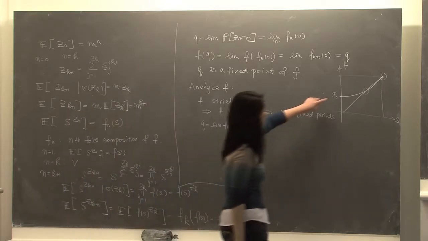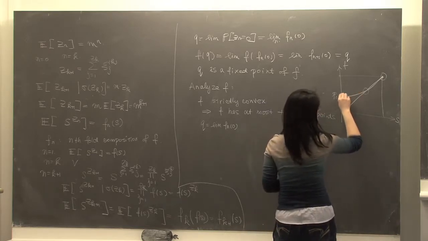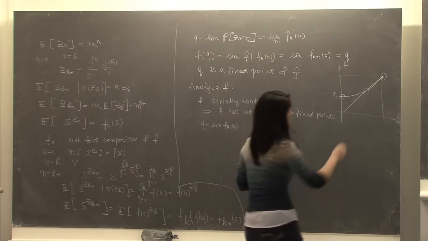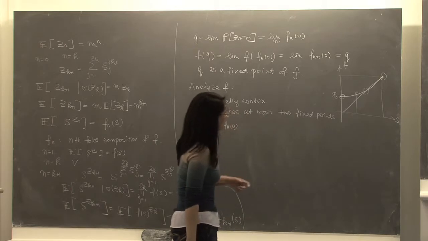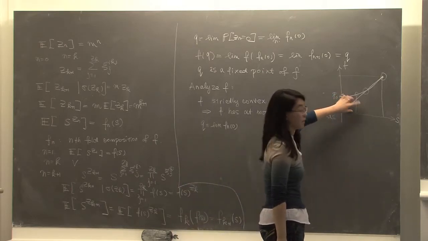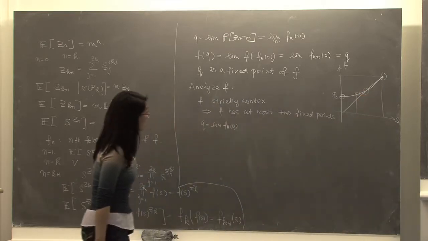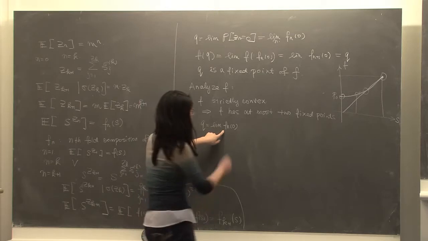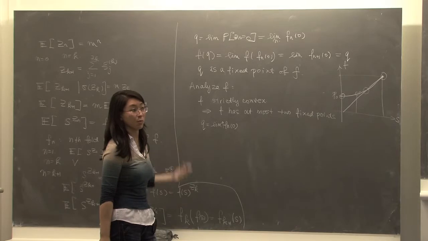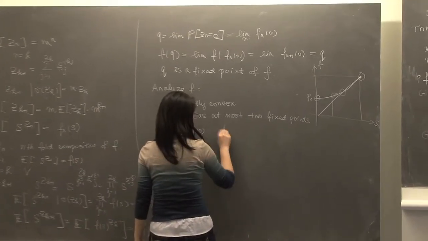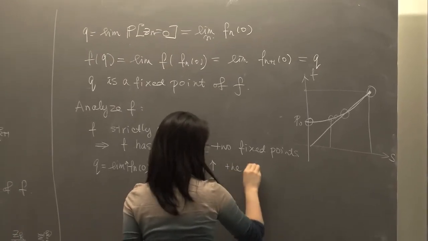So we start from 0, and then we take F(0) equals p0, so it is here. And then we take another composition of this value, and then this point is here. So from the graph, we can see that this is an increasing sequence, and it converges to the smaller fixed point of the function. So F_n(0) increases to the smallest fixed point.